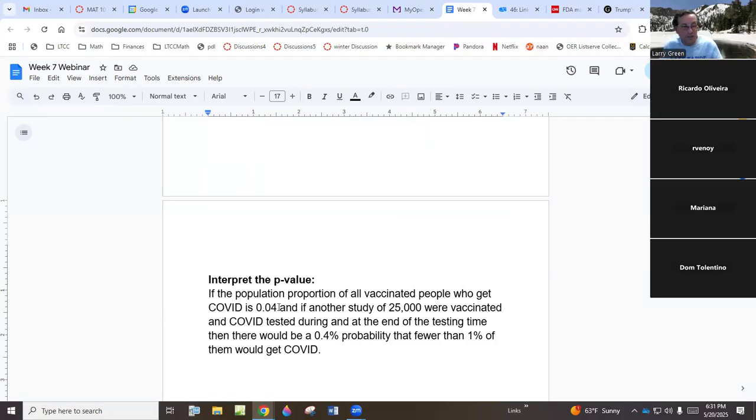If that was true, and if in another study, 25,000 people were vaccinated and tested for COVID during and at the end of the testing time, then there would be a 0.4% probability, because the p-value was 0.004, which is 0.4%, that fewer than 1% of them would get COVID, 1% because that's how many in the trial got it. Any questions on interpreting the p-value?